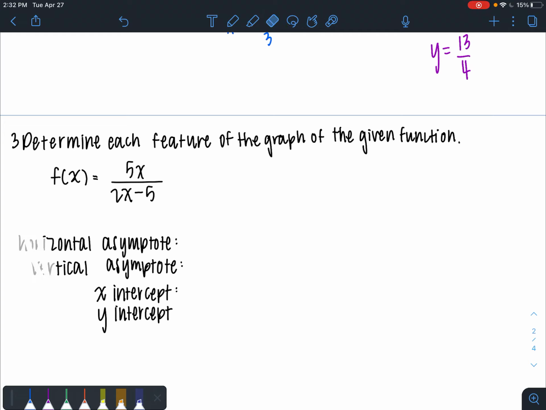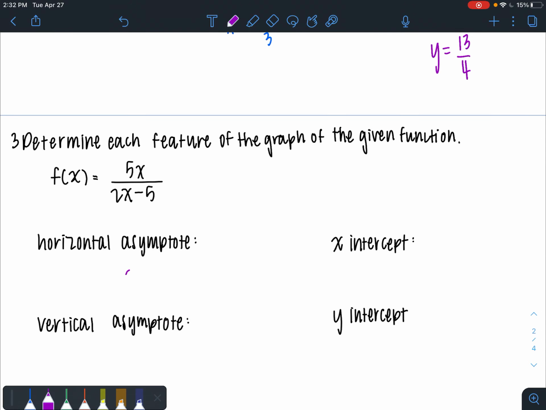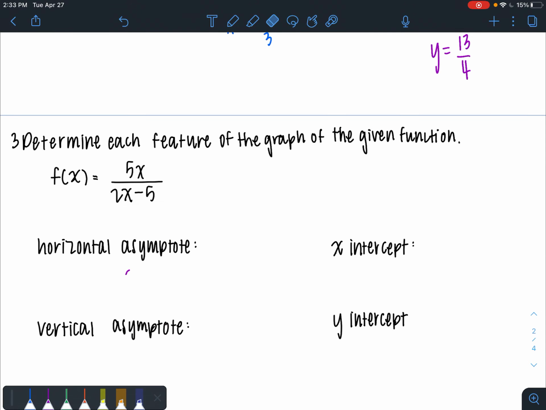Okay, next up. Horizontal asymptote. We compare the numerator and the denominator's degree. So 1 and 1. So again, it's the ratio of the two.